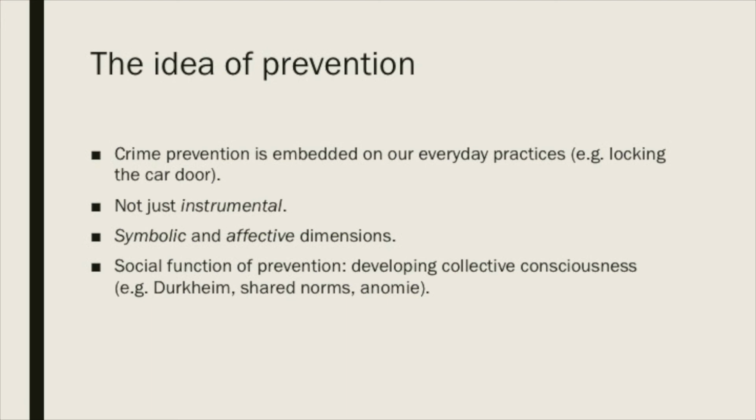Now, the reading talks about there being a social function of prevention, something encapsulated by this symbolic and affective dimension of crime prevention. And the social function includes developing a collective consciousness. Now, this links back to materials such as that of Durkheim, who talks about shared norms and normlessness or anomie.